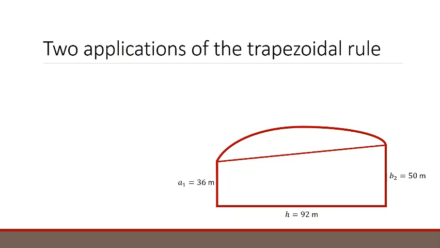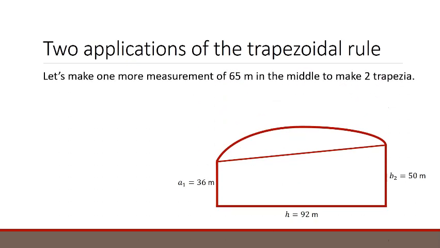So we can measure the sides, but let's make one more measurement of 65 metres in the middle to make two trapezia. By the way, trapezia is the plural of trapezium, coming from the Latin and originally from the Greek, where trapeza means table. So here's the line through the middle, and we can measure it as 65 metres.